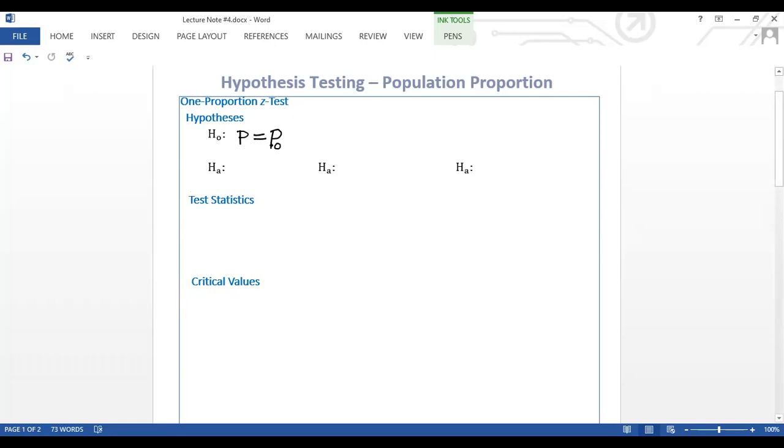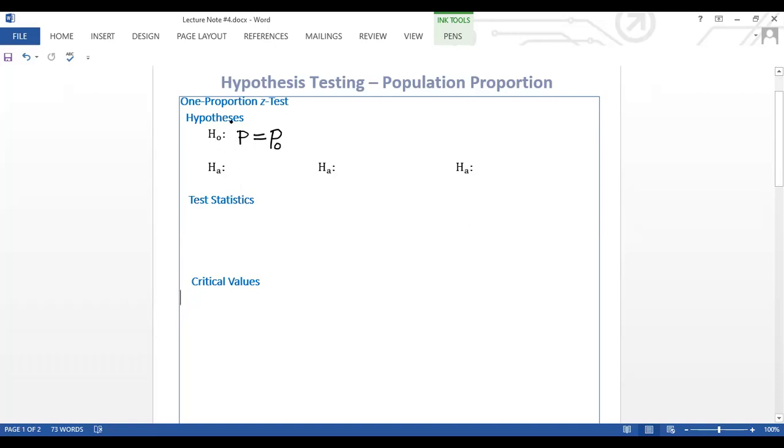If you say that in Texas 65% of the population are Republican, then your P0 is 0.65. Correct? So this P0 is the population proportion you are interested in and want to test.